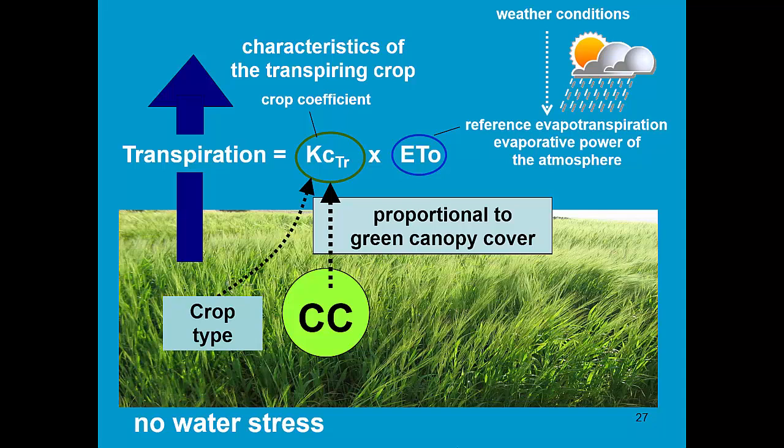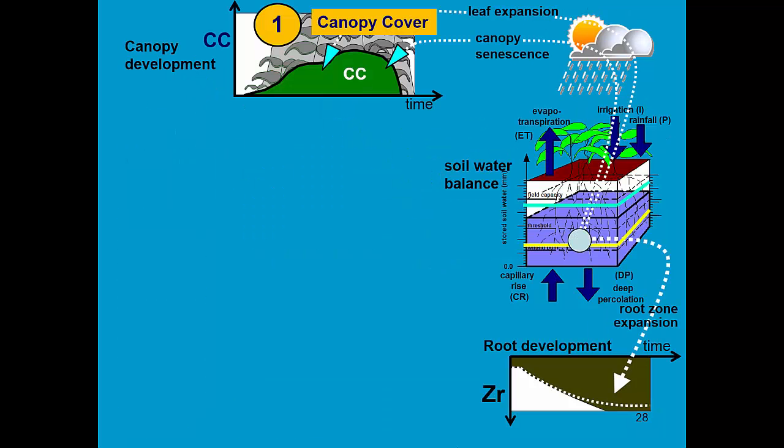This is the simulation of transpiration when there is no water stress. So, knowing the canopy cover in step 1, we can now simulate the transpiration by multiplying ET0 with a Kc factor which is proportional to Cc.